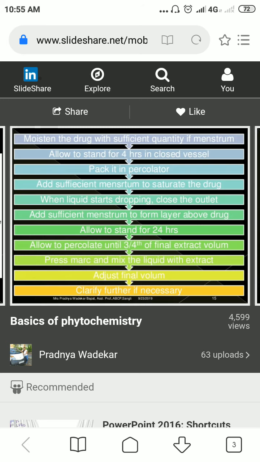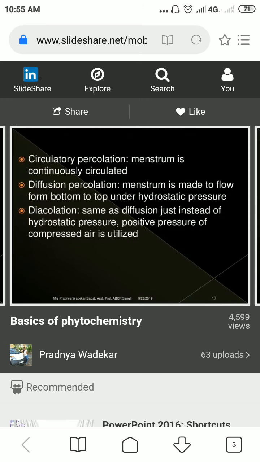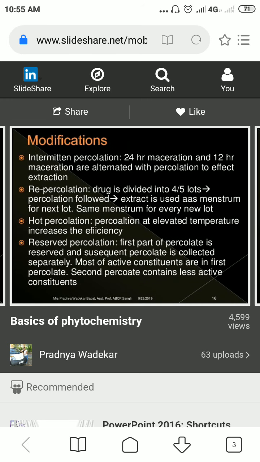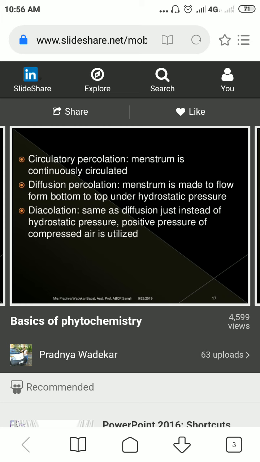And in percolation, the different modifications are intermittent percolation, repercolation, hot percolation, reverse percolation, circulatory percolation, diffusion percolation, and diacolation. So this is the detailed study of maceration and percolation. These two are the simplest methods of extraction, but the very simplest method is maceration.